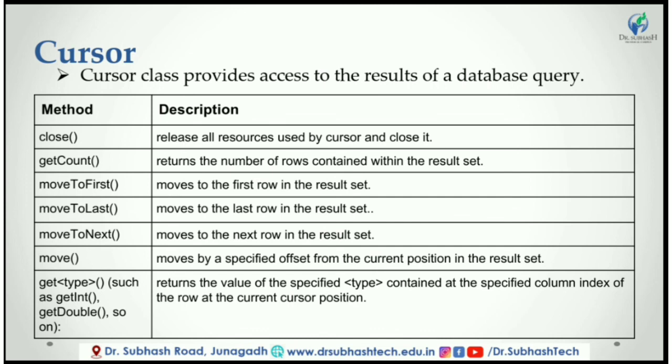The cursor class includes a number of navigation functions, including but not limited to the following. Move to first: move the cursor to the first row in the query result. Move to next is move the cursor to the next row. Move to previous, move the cursor to the previous row. Get count, return the number of rows in the result set.